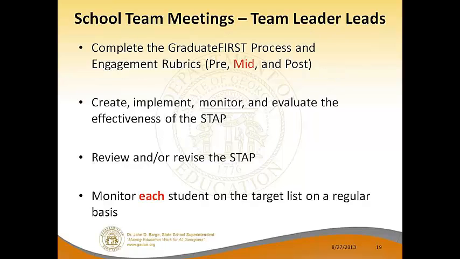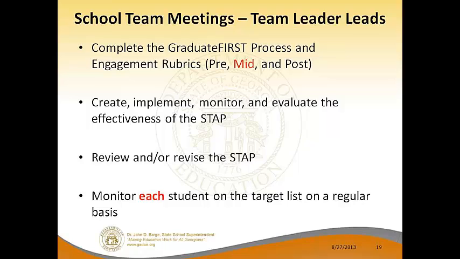So in the school team meetings, this is team leader led, but the team leader's not having to do everything. They just are to lead the meetings. And some of the first things that need to be accomplished in the school team meetings, the collaboration coach will provide the team leaders with two rubrics, one about the Graduate First process, and then one about the Graduate First engagement areas.